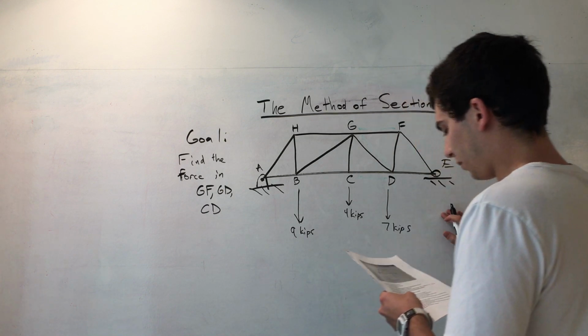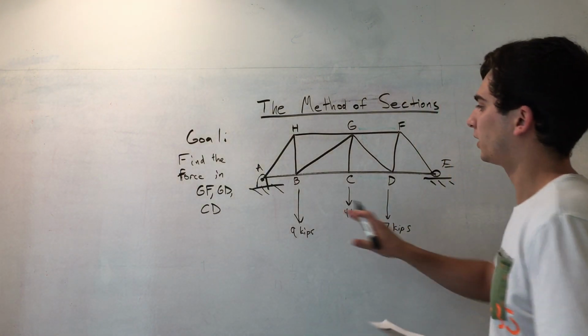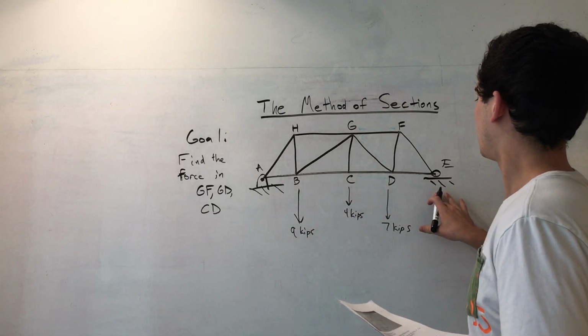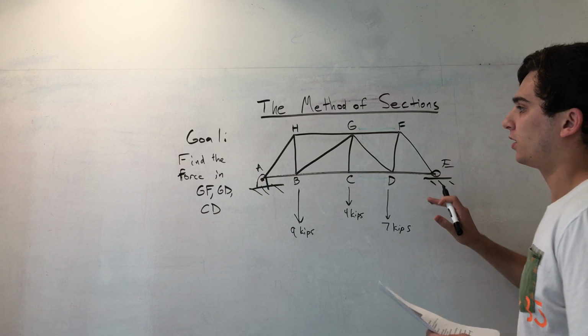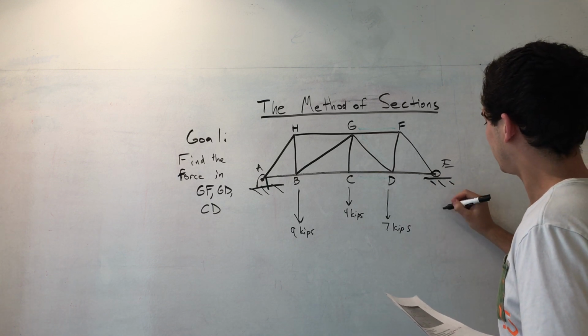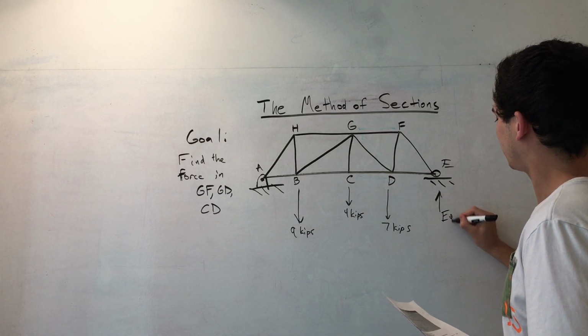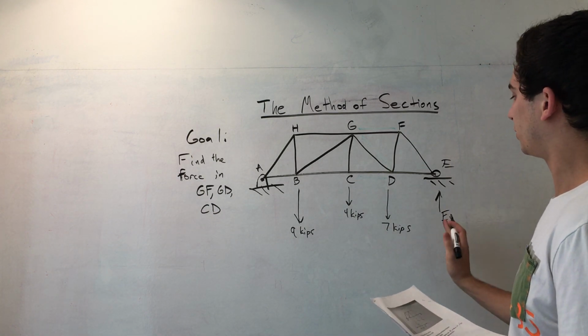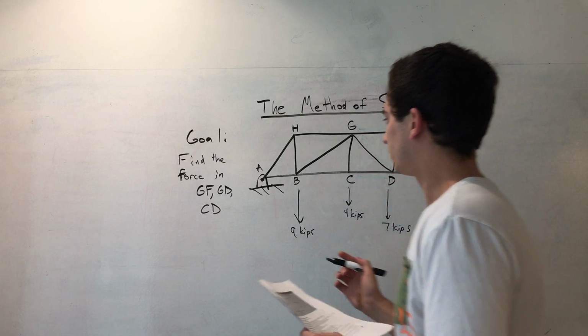Alright, the first step now is to find global equilibrium, which we will do by looking at the two ends. Here on the right end at joint E, we have a roller, which means we will only have force in the y direction, or EY. And notice I drew it upward, opposing all the downward weight of the members.